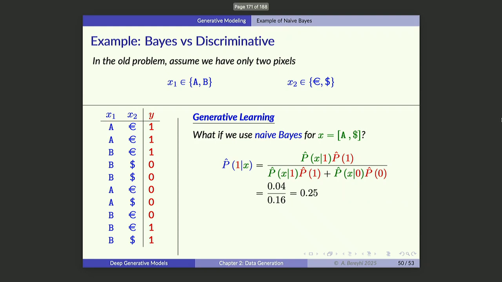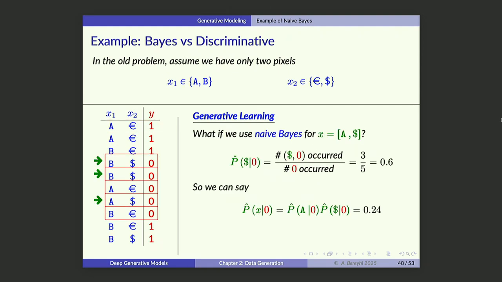Because, for instance, when the label is 0, I am having a higher chance of seeing a $sign. And this says that maybe there is more correlation between $sign and the label rather than simply A and $sign together, right? So it's using all the samples to do inference, right?